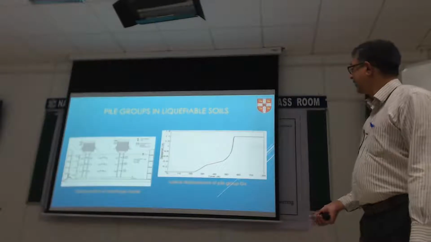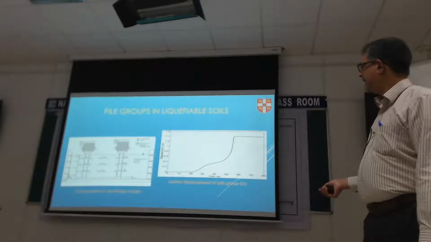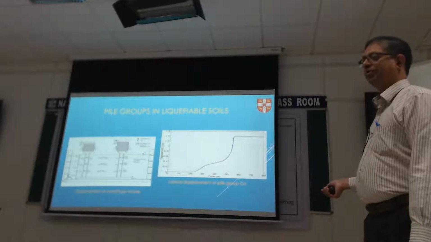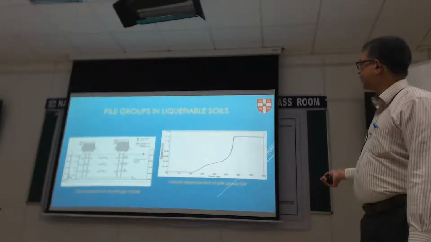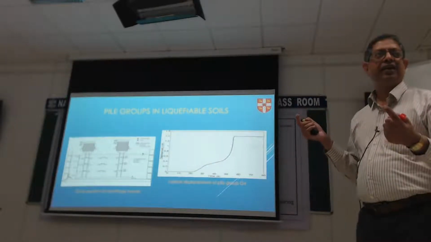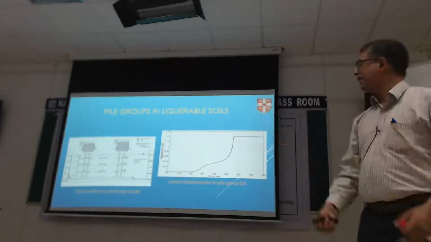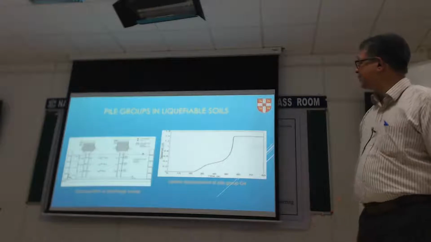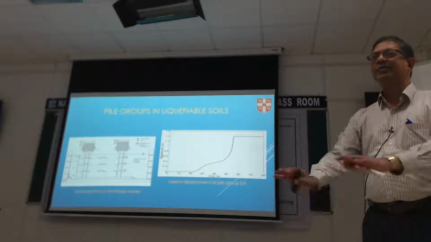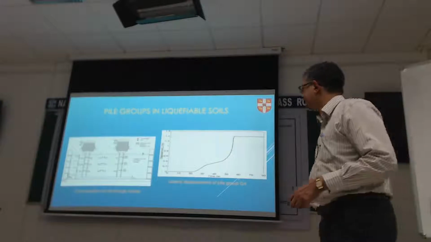You start by deforming a little bit, and then the soil tries to stop it from going, and then it says, oh, this is way too much, and runs off. The only reason it stopped there is because our instrument lost contact. It's not that it stopped moving, it's just that our instrument can only have a certain range. It recorded up to 1.3 meters prototype scale, so that's more than enough to declare the pile dead. By that time, the pile group has died. If anything moves 1.5 meters, your building ain't standing up.